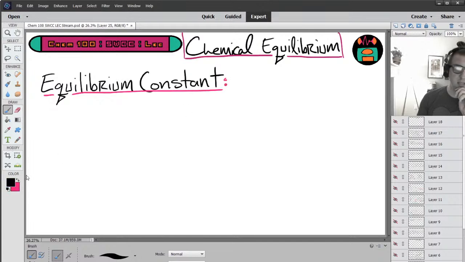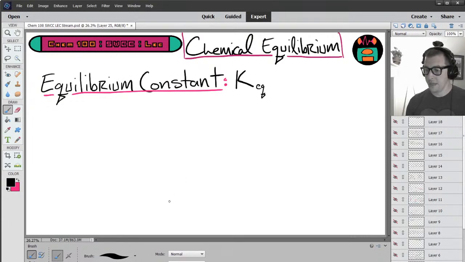It is symbolized with a capital K, sometimes with a little subscript EQ. That is the equilibrium constant, K_eq. It tells you the relative concentrations of products versus reactants once the equilibrium condition has been met, once chemical equilibrium has been established.